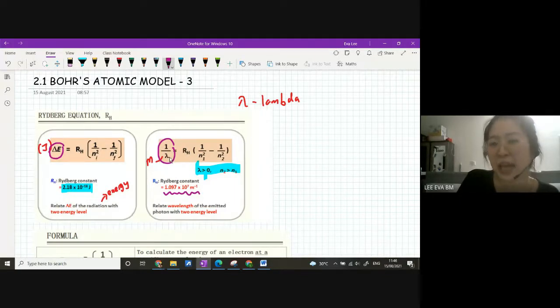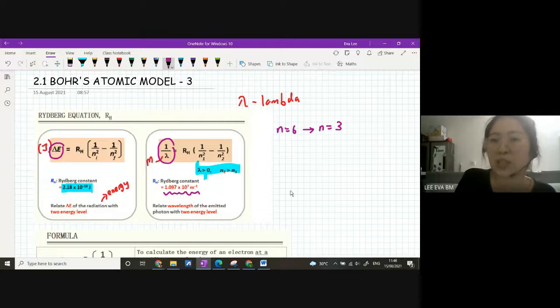So every time when you want to use this formula, you must write together wavelength greater than 0, N2 greater than N1. So tak kisahlah dia absorption ke emission ke, value N2 mesti lagi besar daripada N1. So contoh, if let's say over here I give you N equals to 3 to N equals to 6, or N equals to 6 to N equals to 3.